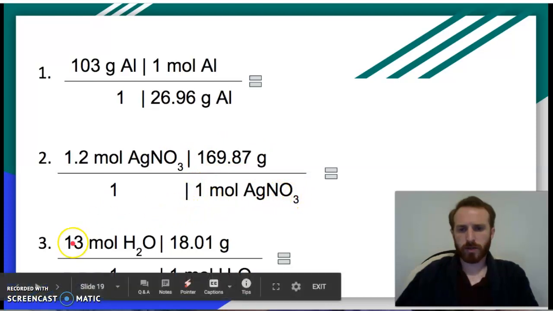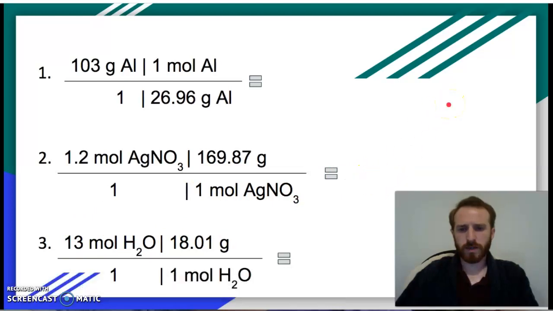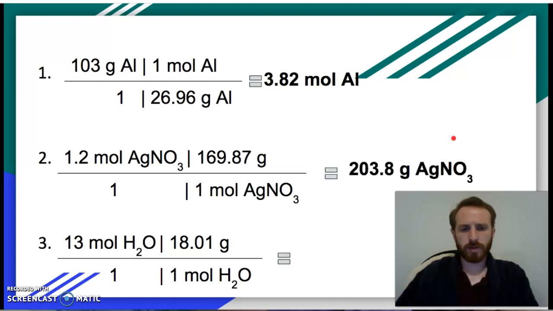And then the third problem, you start off with 13 moles of water over 1 times 18.01 grams over 1 mole of water. Okay? And now let's look at the solutions to each of these problems. The first problem, 3.82 moles of aluminum. The second problem, 203.8 grams of silver nitrate. And the third problem, 234.1 grams of water.